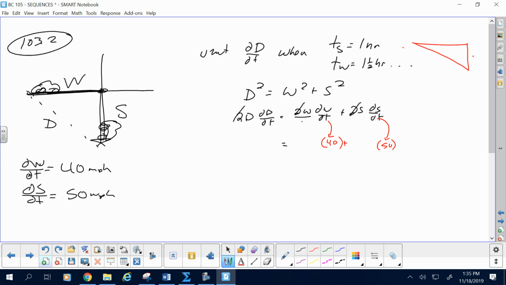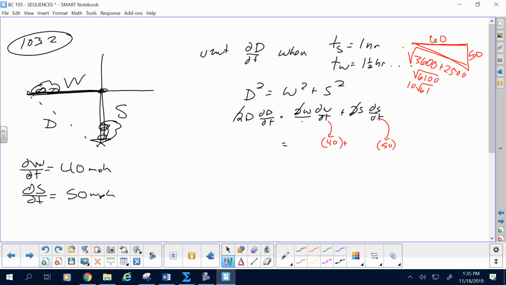If he goes 50 miles per hour and traveled 1 hour, this is 50. This guy going 40 miles per hour came through the intersection first, so he's been traveling 1.5 hours. How far does he go? 60. By Pythagorean theorem, D is the square root of 3600 plus 2500, or the square root of 6100, or 10 root 61.